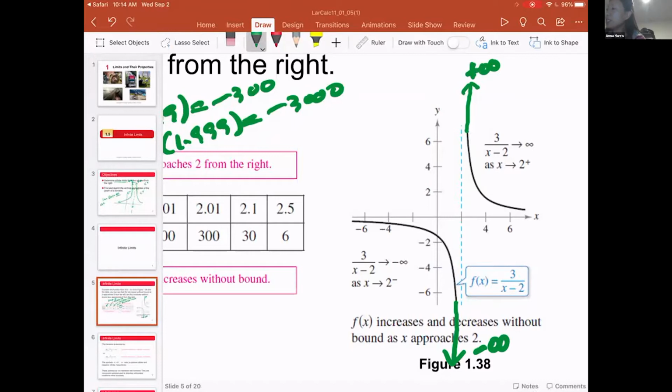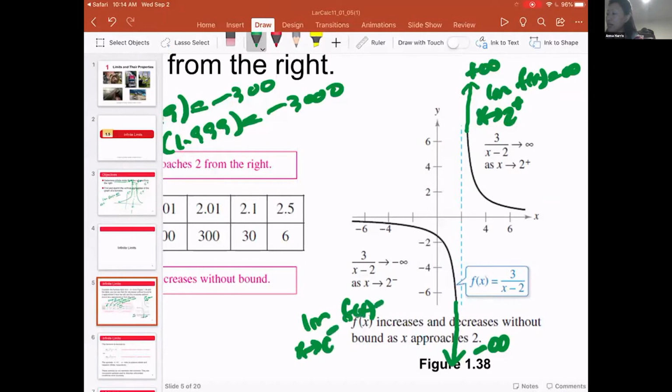So I have two different limits. Looking at this side, the limit as x approaches 2 from the positive side of this function, I get positive infinity. And over here, the limit as x approaches from the negative side of this function, I get negative infinity. So I can have infinity as my limit.